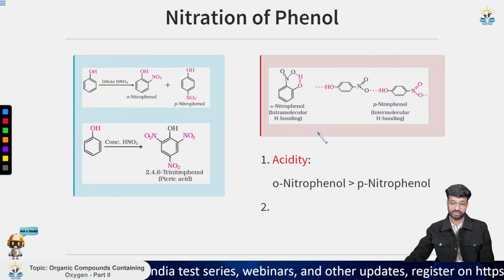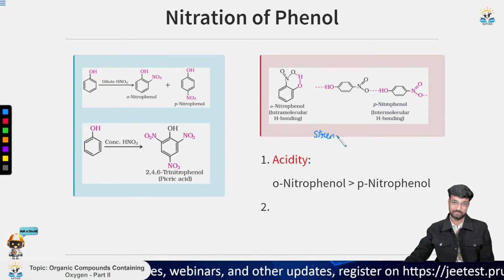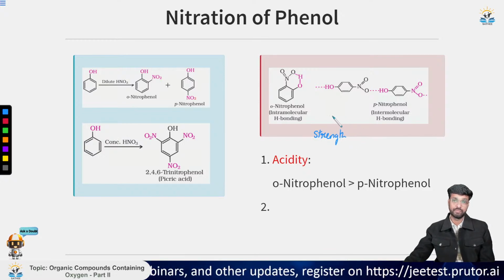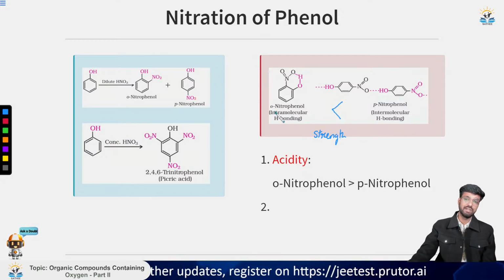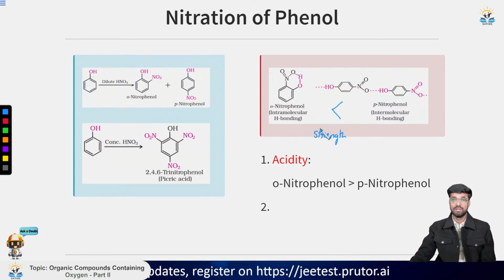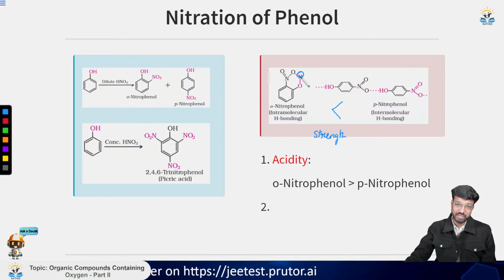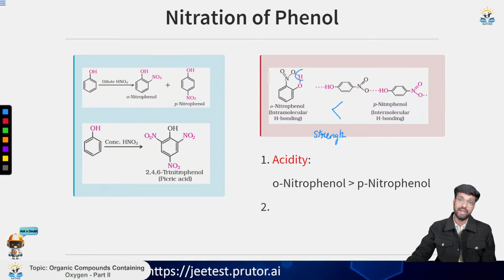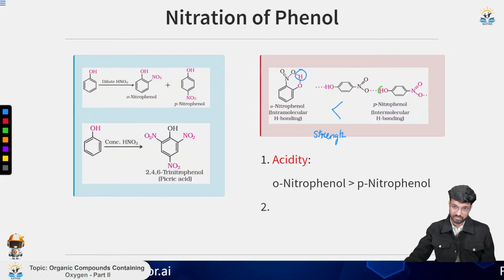If you consider the strength here, then intermolecular hydrogen bonding is stronger than intramolecular hydrogen bonding. Due to this reason, this H that is present here is easily released as compared to this H, which is in intermolecular hydrogen bonding.